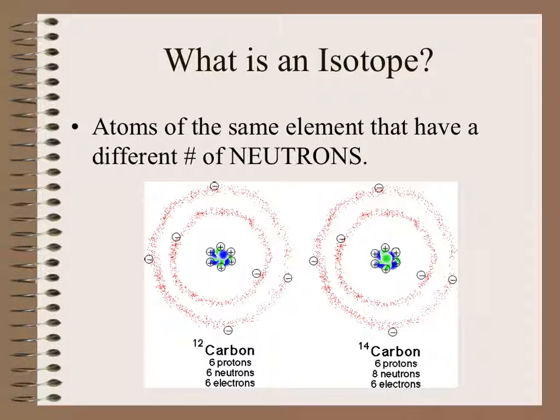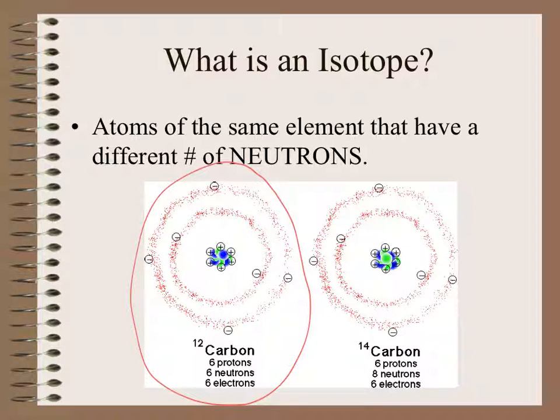So let's take a quick peek at this picture. Carbon is a special atom that can form an isotope. The normal carbon that's listed on the periodic table is listed to my left. This one right here. This is the normal carbon. Notice how many protons, how many neutrons, and how many electrons it has. It's also nicknamed carbon-12.